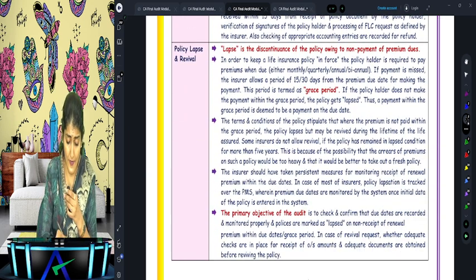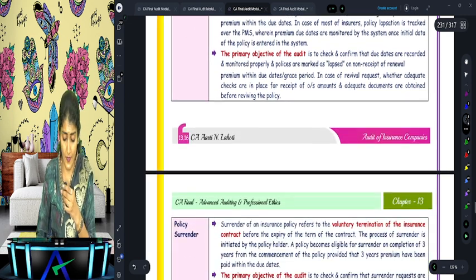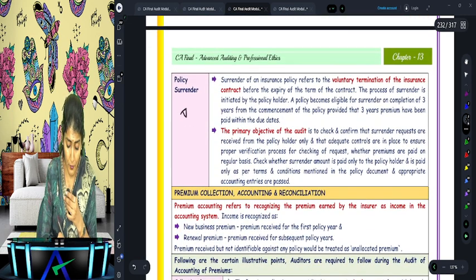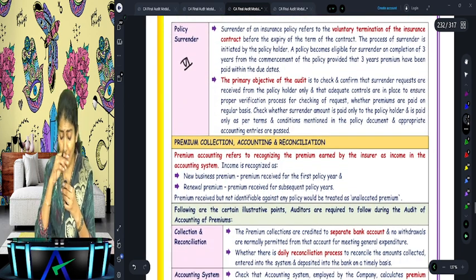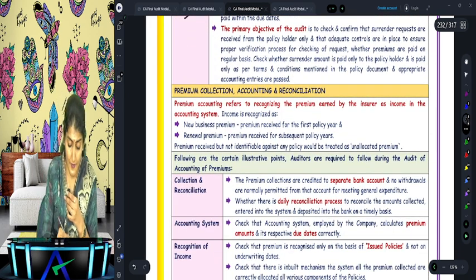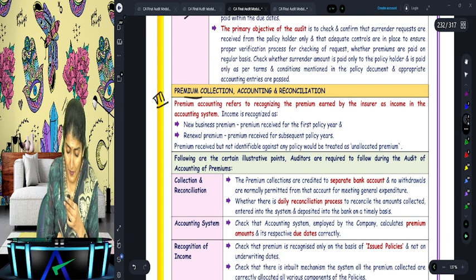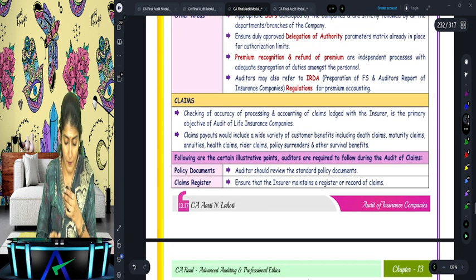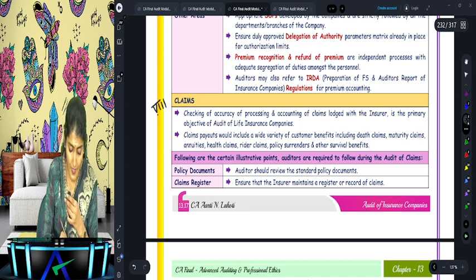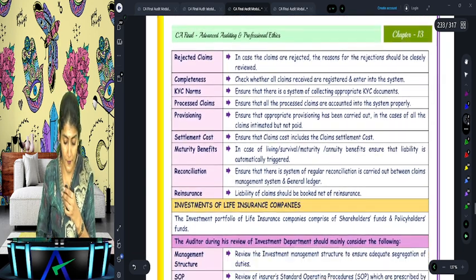Then the concept of the policy lapse and revival, and then the policy surrender. Then the seventh point is the premium collection, accounting and reconciliation. Point number 8 is regarding the claims of the life insurance company.